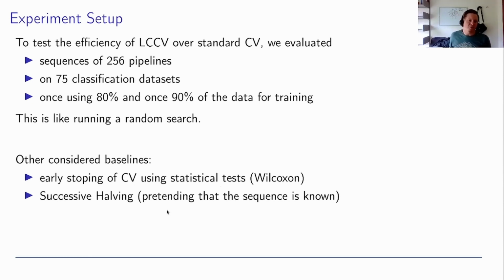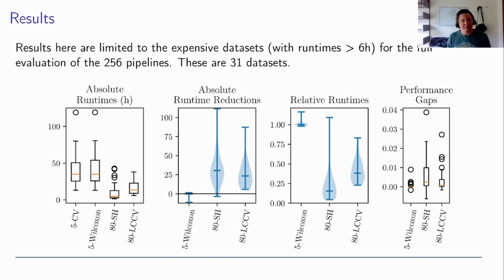And the other one is successive halving, in which we present all the 256 pipelines immediately to the optimizer and then let it halve the population in each iteration. In fact, successive halving is not applicable for the cases where we can use LCCV in general, because LCCV does not require that we know the whole portfolio of pipelines before, which is the case for successive halving. But still, just for the matter of comparison, we did that here.